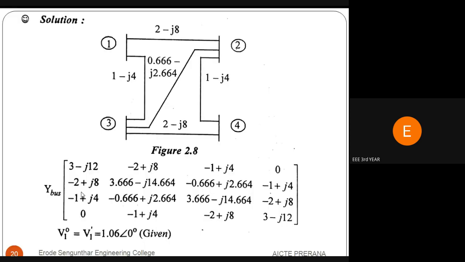Next is Y31. Buses 3 and 1 have the relation 1 minus j4, which is written as minus 1 plus j4.